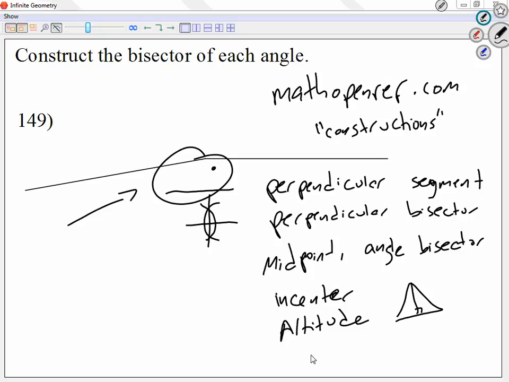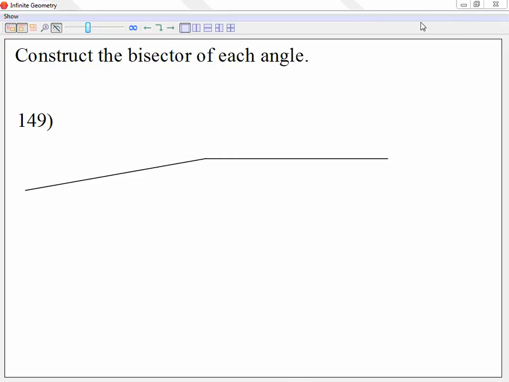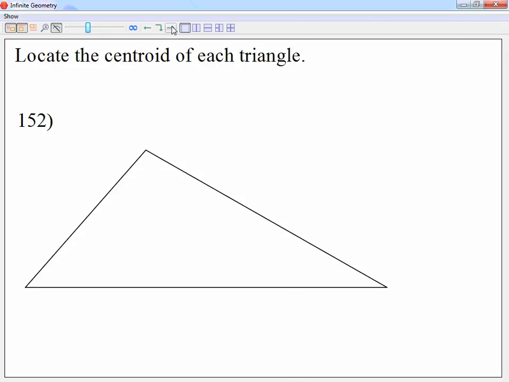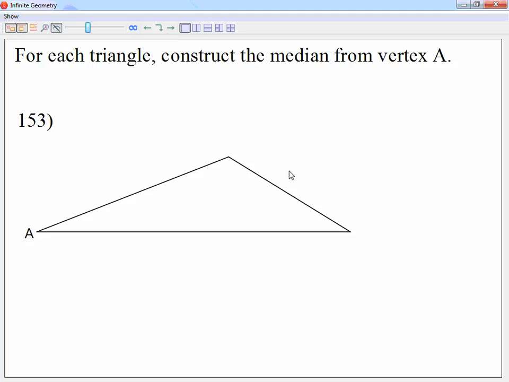Make sure you guys know how to do median and centroid, which are questions that I have here. And I'm going to show you guys how to do those right now. But for median, let me skip to 153 first. For the median, from angle A, I will find on the opposite side, find the midpoint.